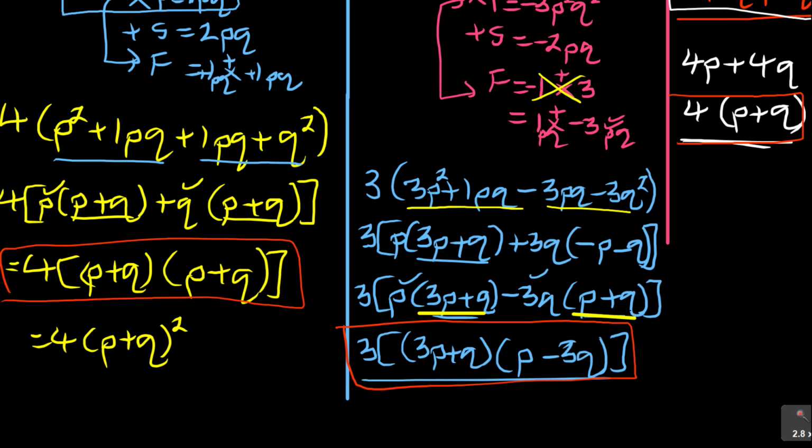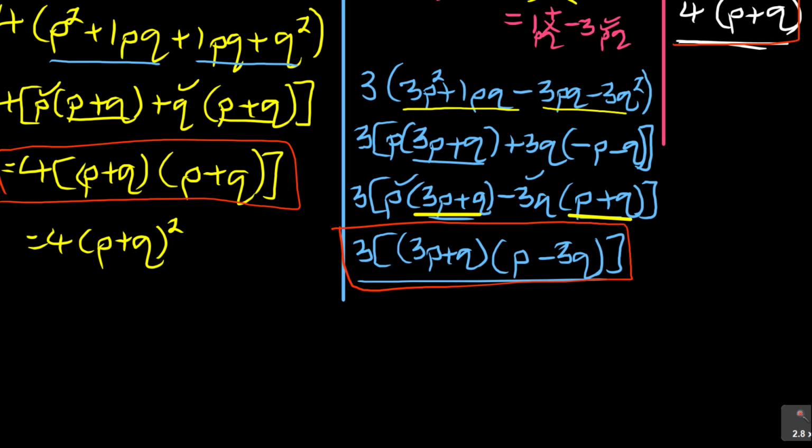These brackets are different. So let's solve this. Let's correct this. I'm not going to erase it. I'm just going to leave it here so that you can see where the error was. So let's take it all the way from here. What do I have?